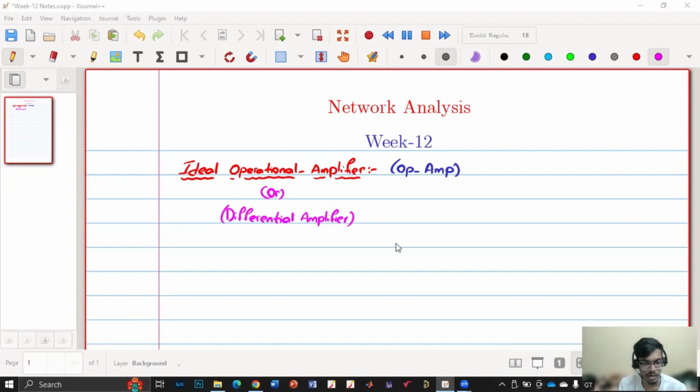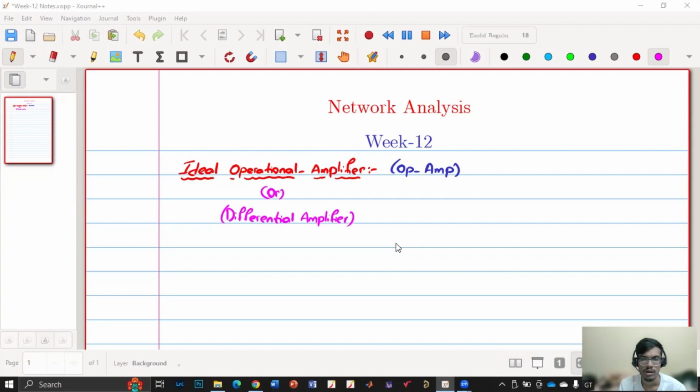What I was just trying to say is, an op-amp is an IC, an integrated circuit. You might have already used it in one of your UG laboratory courses, for amplifiers or for filters. So it has a wide range of applications in many domains, and even in my research work, I use op-amps.